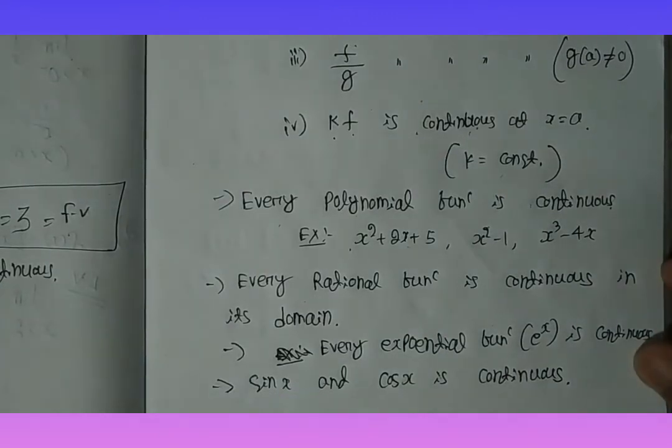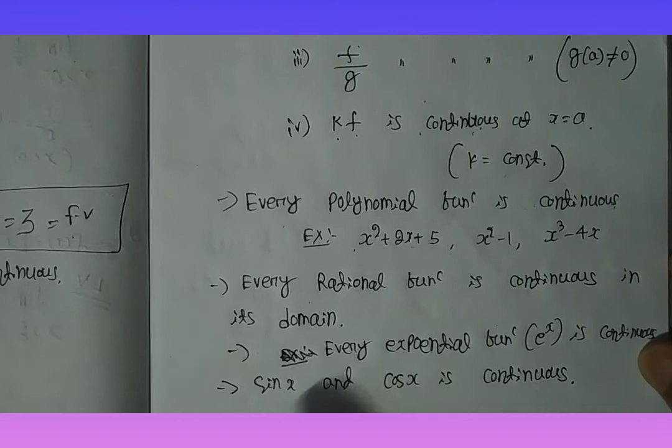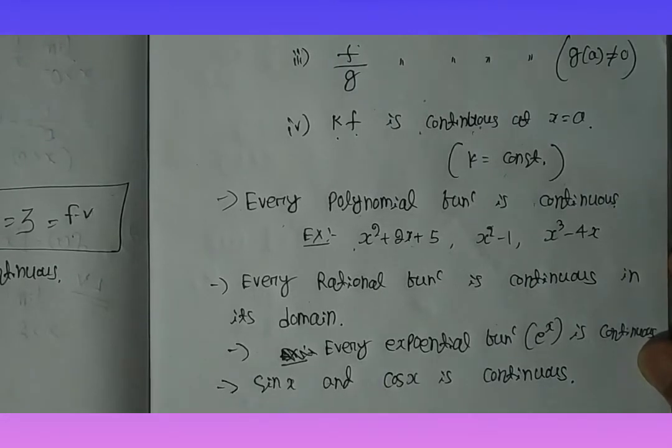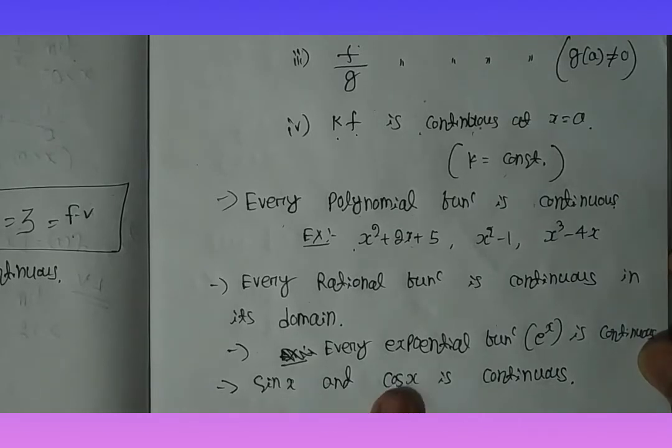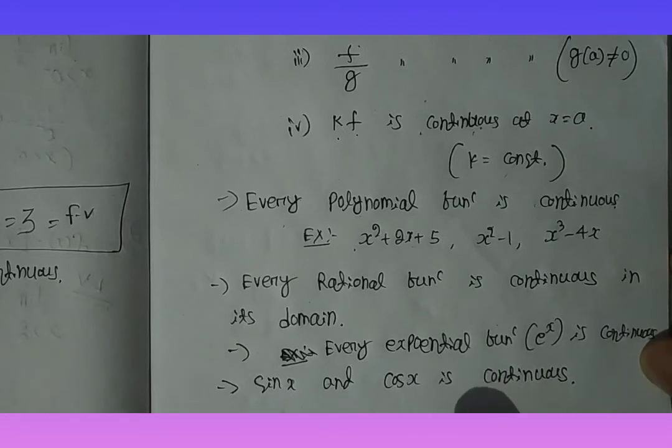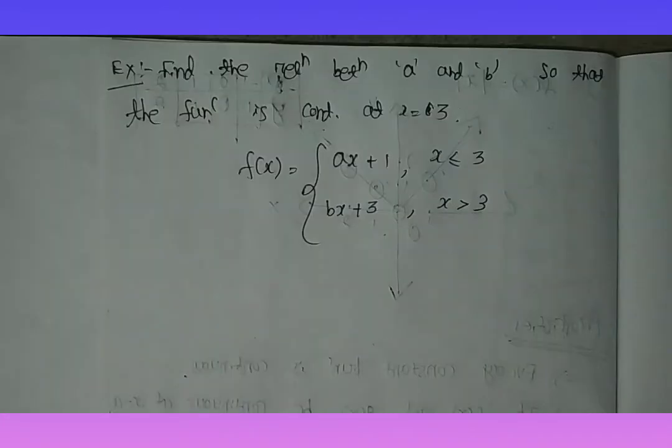Other functions like cosec x and sec x are discontinuous at some points, but they are continuous in their respective domains, not everywhere. These two functions are continuous everywhere, and the others are continuous in their domains only.